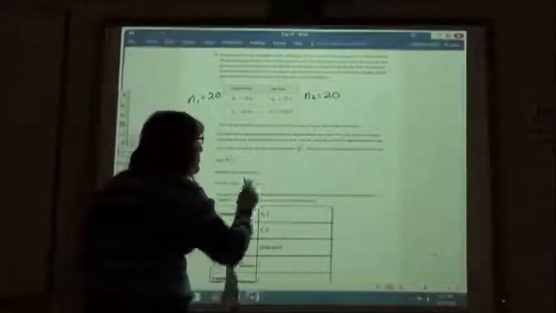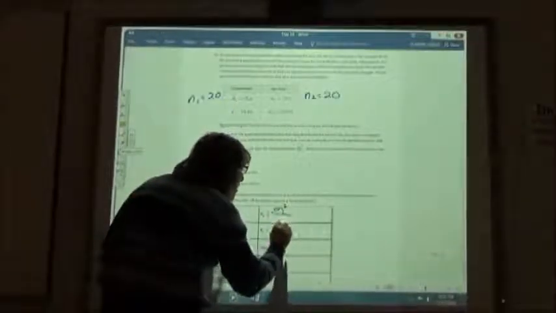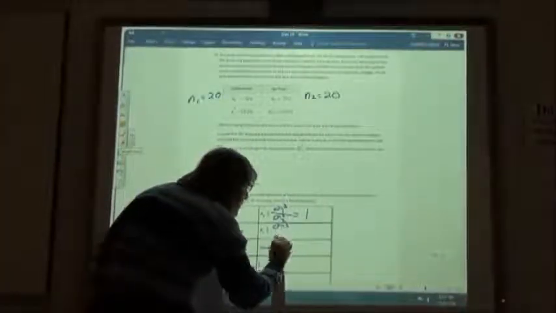So we're going to have that weird fraction again. My variance of 1 over my variance of 2 is either going to equal 1 or not equal 1. The variance of the first divided by the variance of the second either equals 1, or the variance of the first divided by the variance of the second does not equal 1.